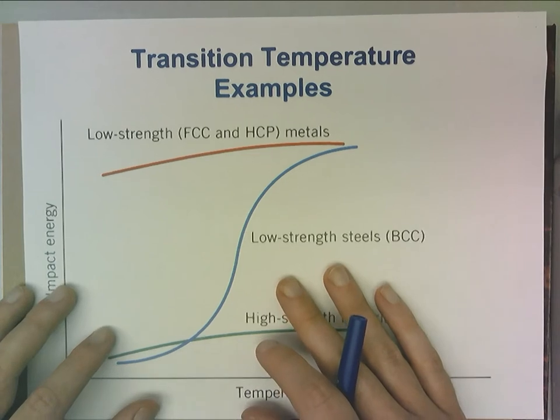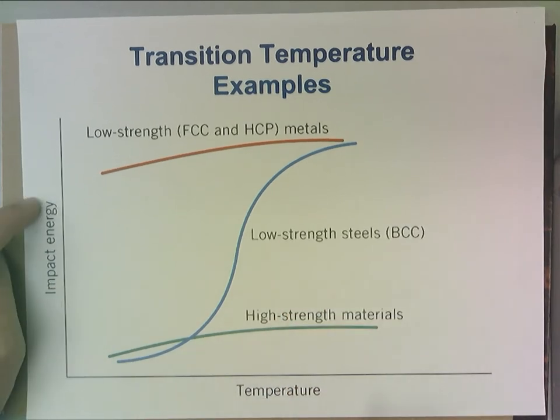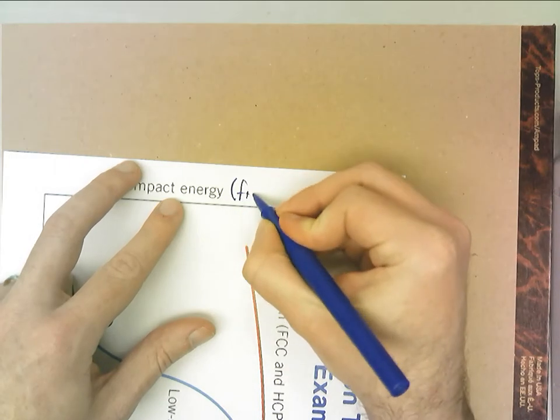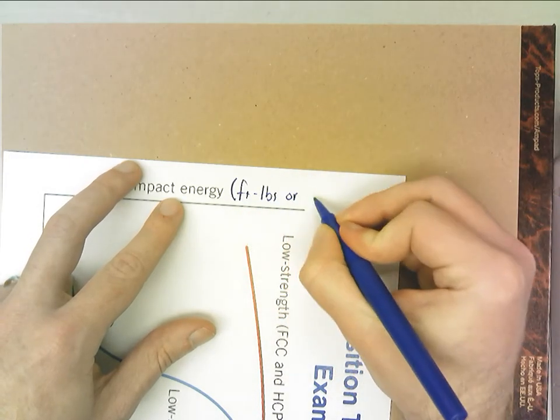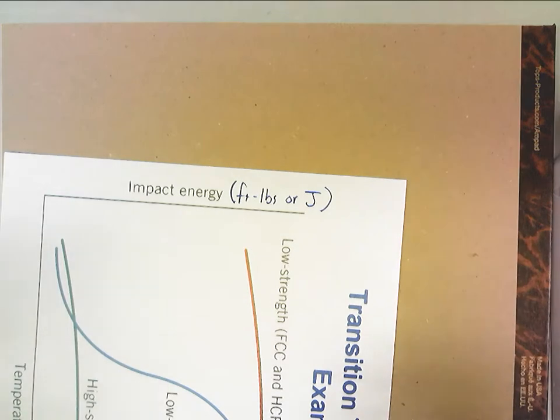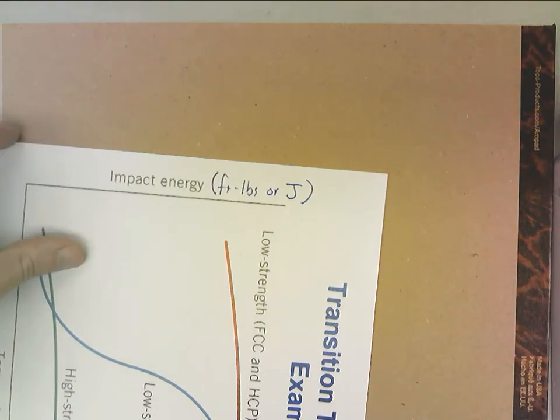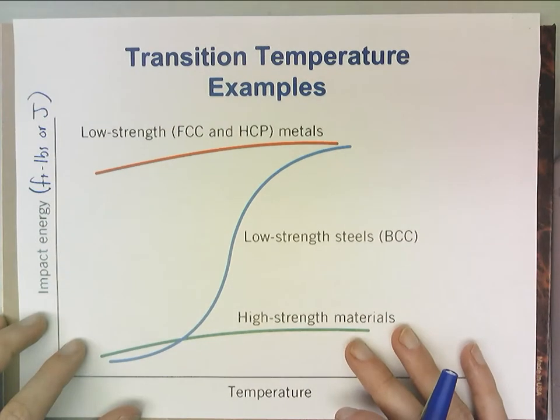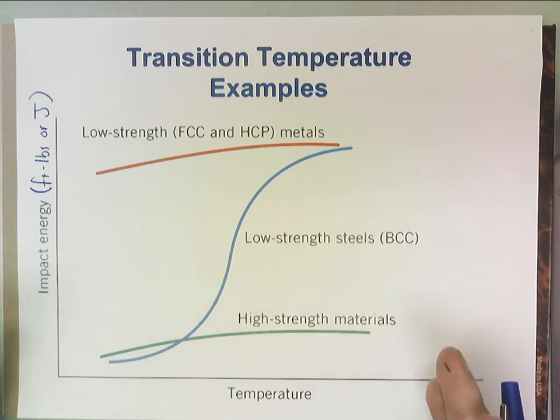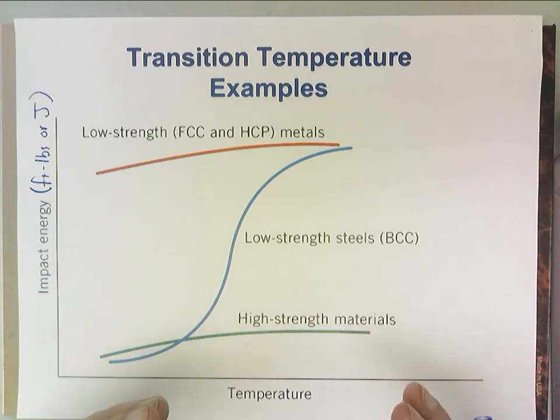So here we go. Impact energy. So this is going to be in something like foot-pounds or joules. You could do it in BTUs or calories or something, but it's pretty much foot-pounds or joules because it's going to be potential and kinetic energy.